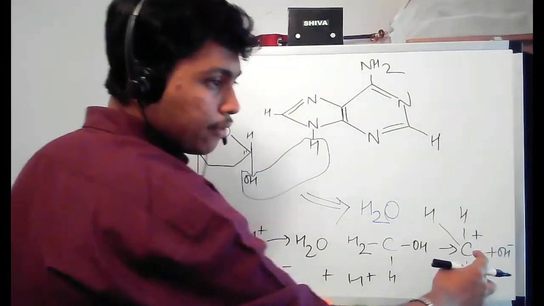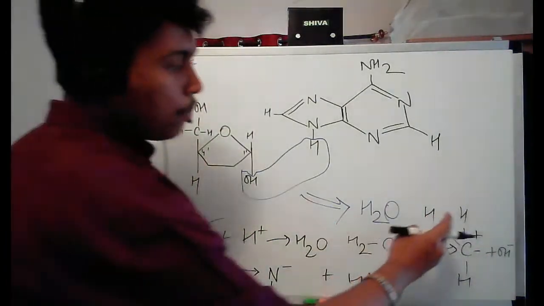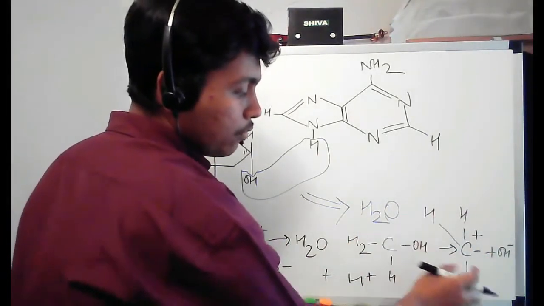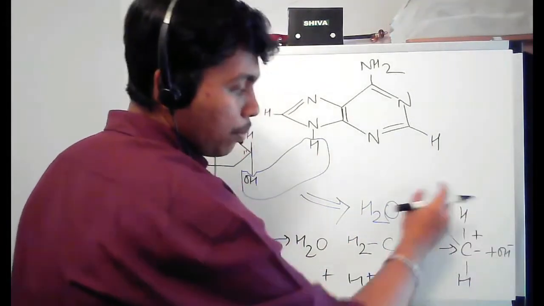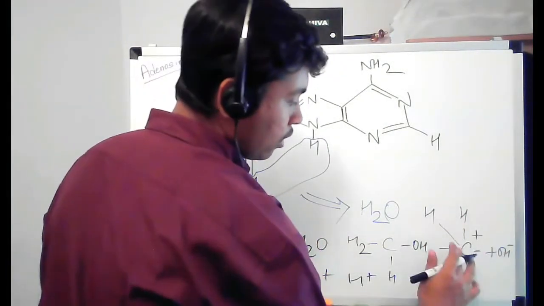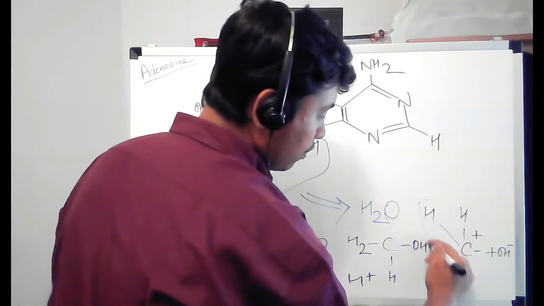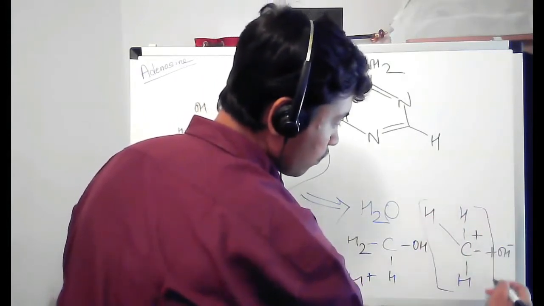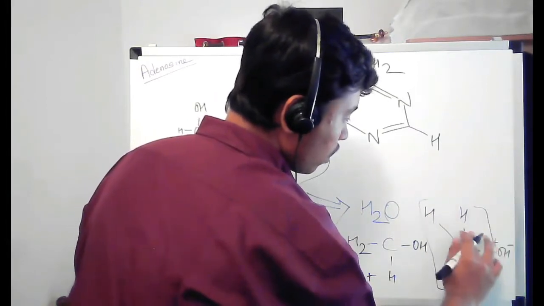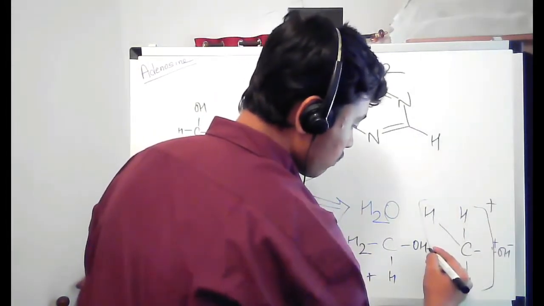Carbon itself is negative, of course it's negative, but these positive groups overall will make the whole compound positive. It's not that carbon is positive, this whole compound becomes positive in nature.